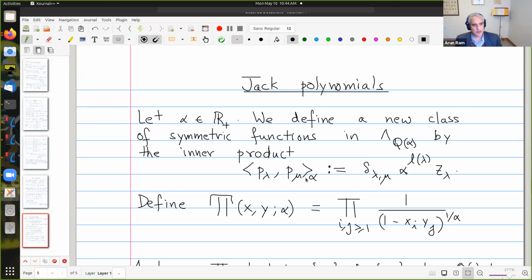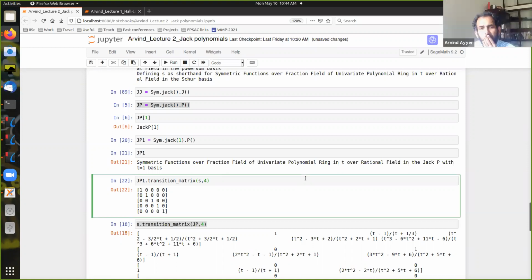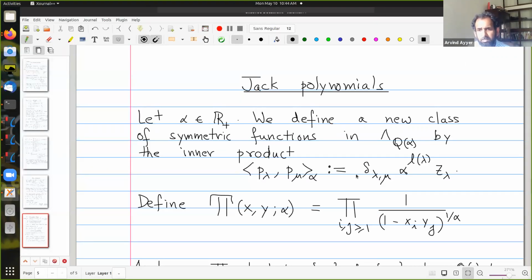No, I would have to rewrite things a bit. I don't know how to ask a good question in terms of Sage here. But I'm just saying if you set alpha equal to 1. No, I don't want to set alpha equal to 1.